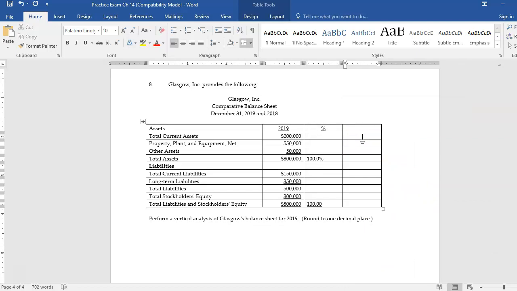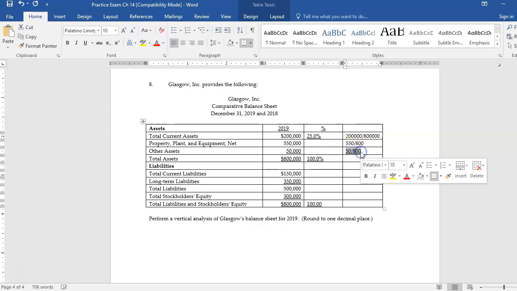All right, so this one's going to be 200 divided by 800. So 25%. Let me put 25.0. This one's going to be the 550 divided by the 800. And this one's going to be the 50 divided by the 800.